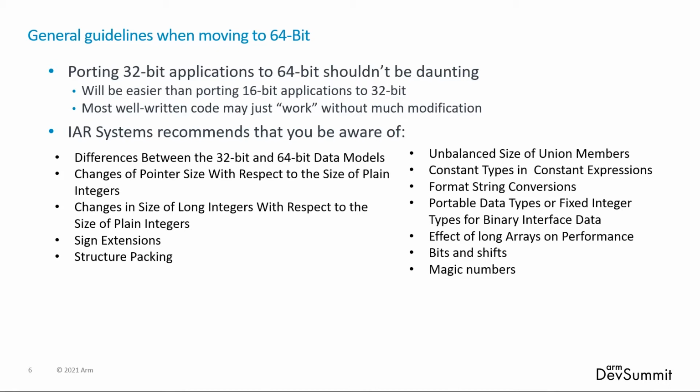The key thing that must be carefully analyzed are the differences between the 32-bit and 64-bit data models and pointer sizes. For example, the basic meaning of some data types, which were all 32 bits before, will now possibly be interpreted where some are still 32 bits and others are now 64 bits. Where integers were 32 bits and still will be, long integers, which were interpreted as 32 bits before, will likely represent 64-bit data now.